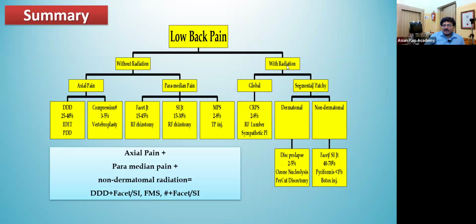If the pain is with global radiation, non-dermatomal, there could be a possibility of complex regional pain syndrome of the lower limb. If there is a segmental or patchy dermatomal pattern, there could be a disc prolapse. And if it is non-dermatomal, there could be facet or SI involvement. Remember, non-dermatomal radiation might happen in facet, SI pain or piriformis syndrome as well.